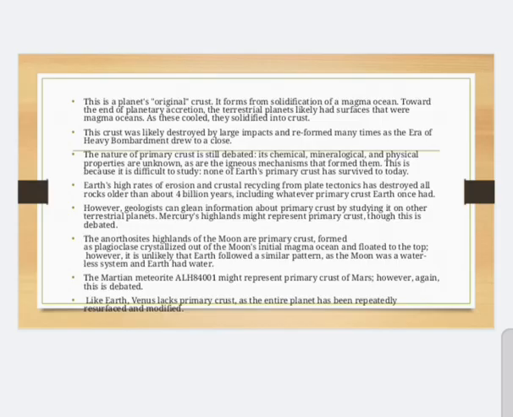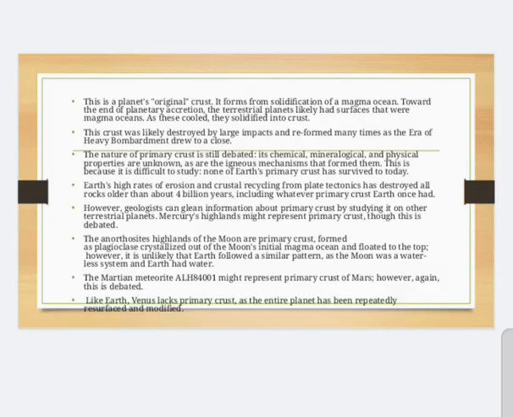Toward the end of planetary accretion, the terrestrial planets likely had surfaces that were magma oceans, which cooled and solidified into crust. This crust was likely destroyed by large impacts and reformed many times as the era of heavy bombardment drew to a close.